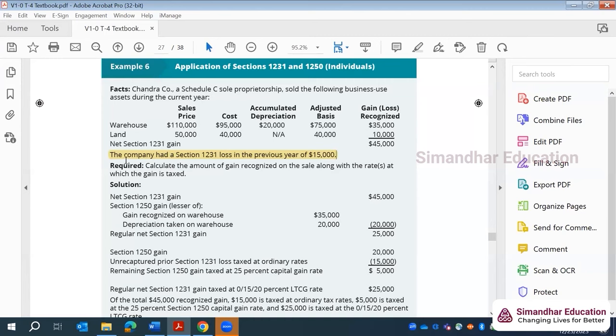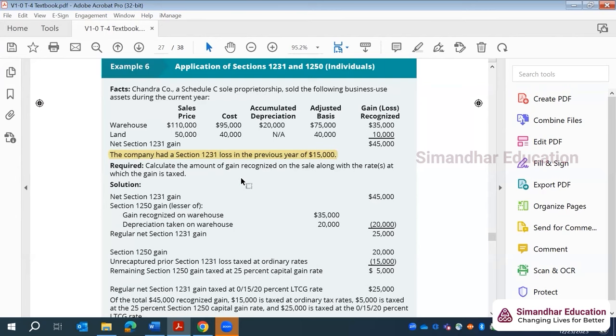If this was not given, if let's say the company did not have any 5 years look back. So if there was no 5 years look back, that means of your Section 1250 gain of $20,000, you don't need to recharacterize anything.